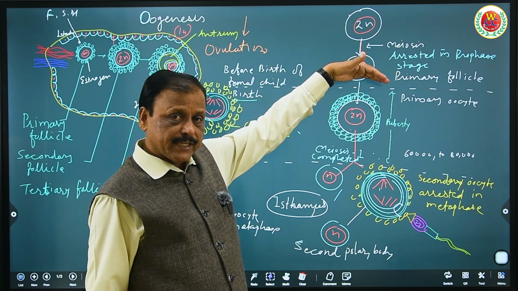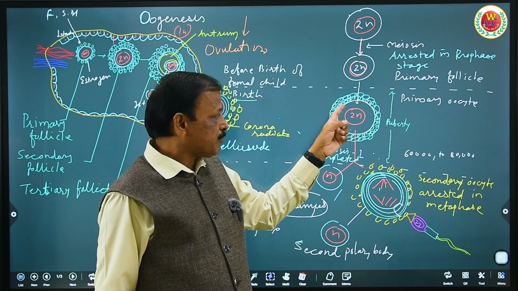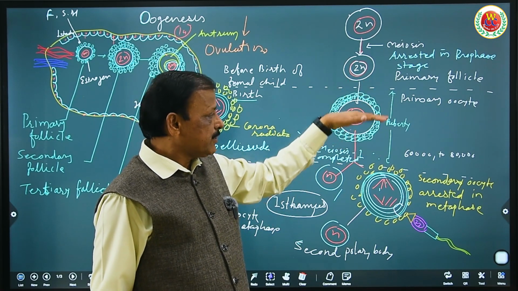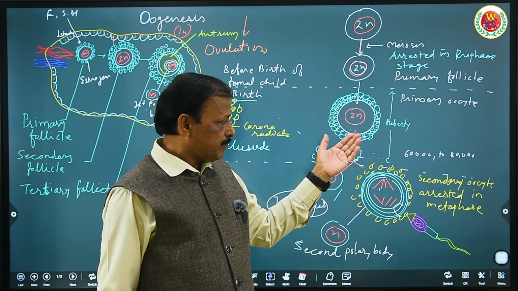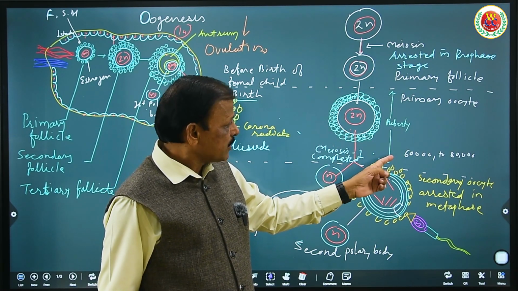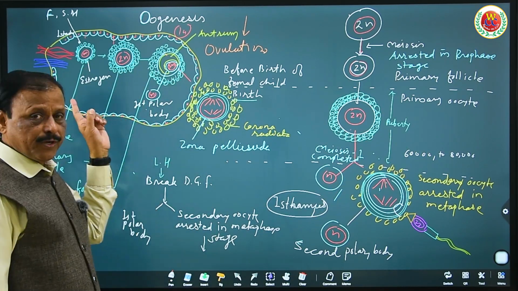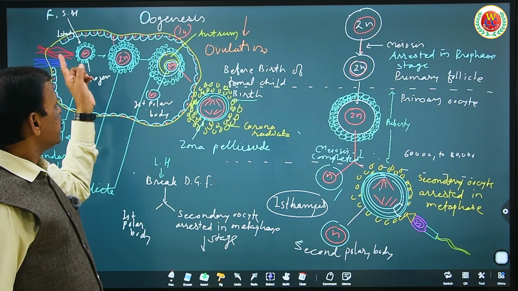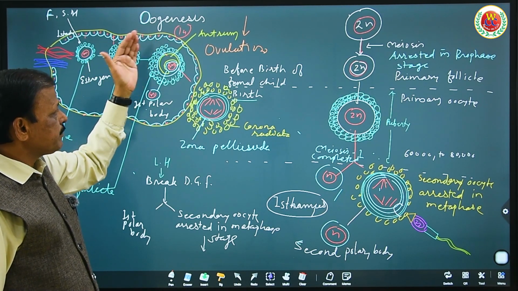So when they take birth, that primary oocyte is covered by these granulosa cells forming primary follicles, and those primary follicles during puberty begin to degenerate. So lakhs of most of the primary follicles get degenerated. Only 60 to 80,000 primary follicles remain inside the ovary. When the first menstruation begins, that primary follicle becomes secondary follicle, becomes tertiary follicle, that is called developed Graafian follicle.